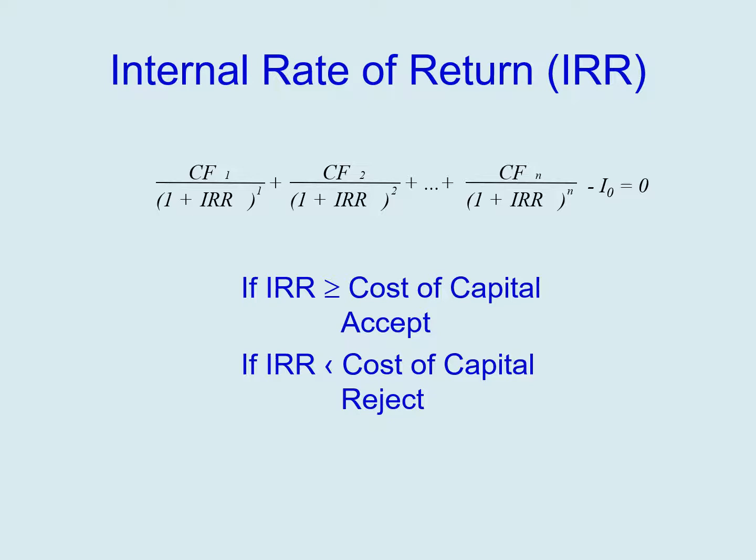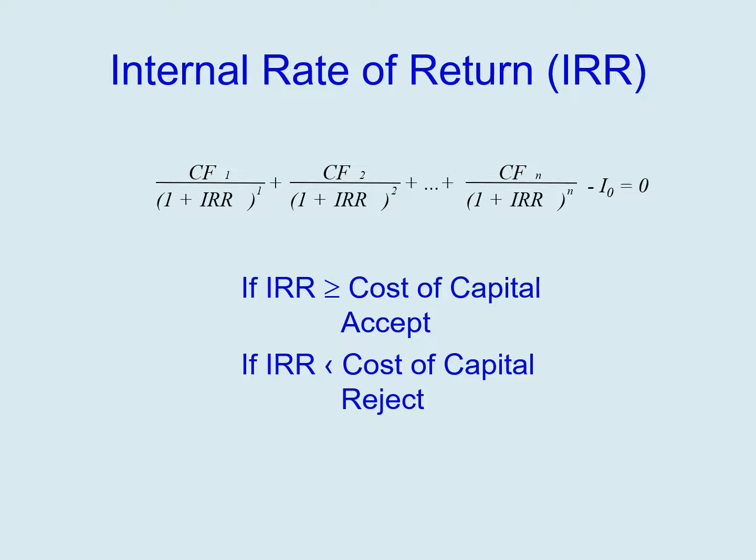Okay, that's the difference. So with NPV, you've got your cash flows each year and they're being discounted by the firm's cost of capital, and then subtract your initial investment, and that gives you an NPV. For the internal rate of return, you're taking each of your cash flows and discounting it by the internal rate of return. Subtract your initial investment, and you want that to equal 0.